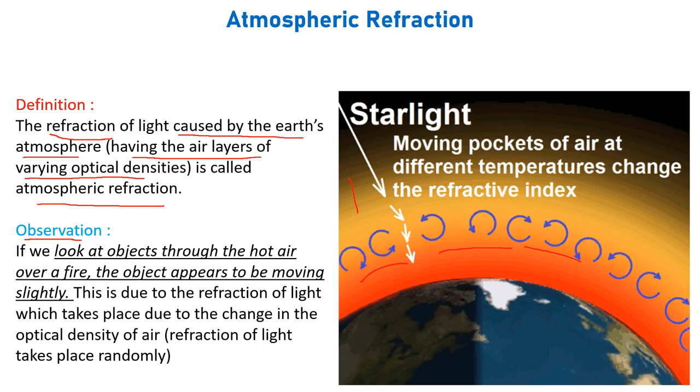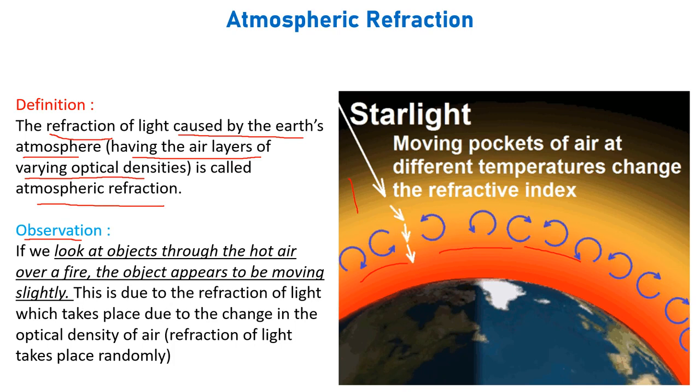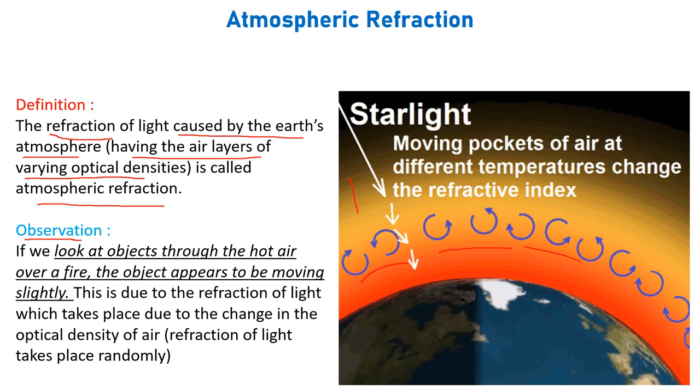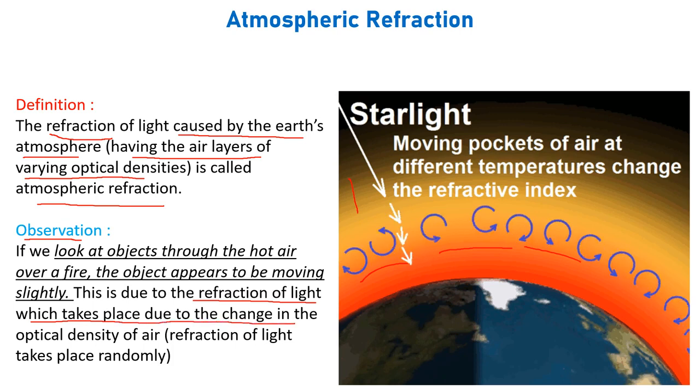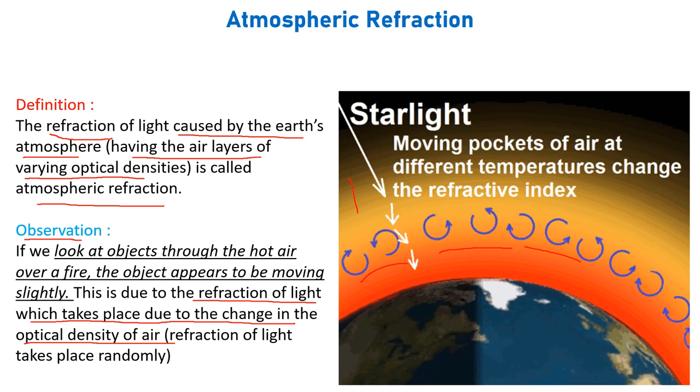Let's have a look. If we look at an object through the hot air over a fire, the object appears to move slightly. This is due to the refraction of light, which takes place due to the change in the optical density of air. This experiment you can do at home also.